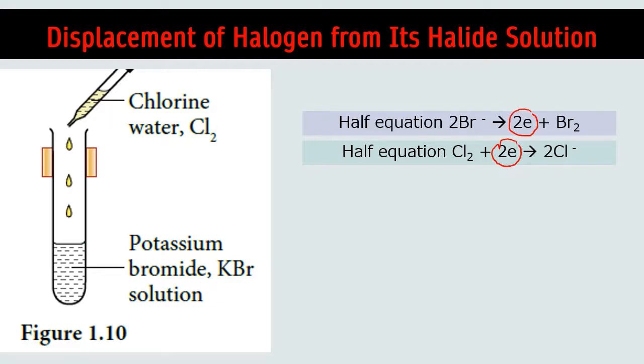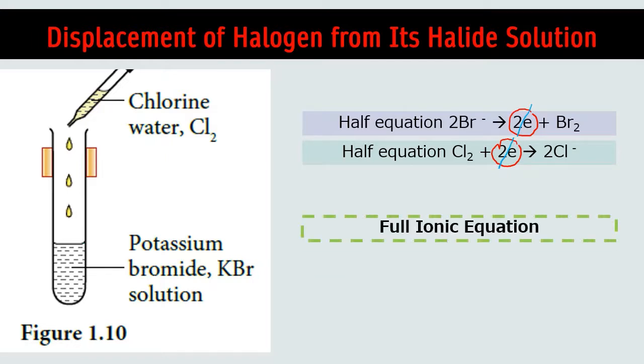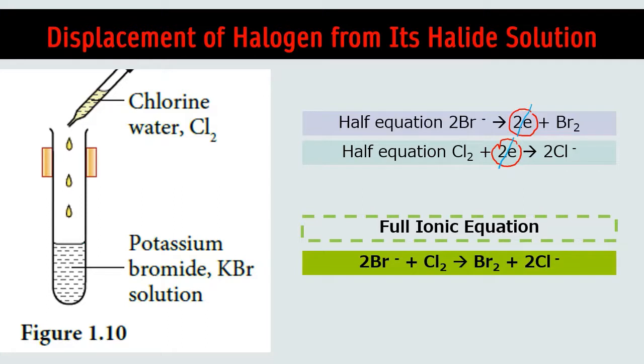Therefore, we can cancel out the electrons and combine both half equations to get the full ionic equation. So the full ionic equation is 2 bromide ions plus 1 chlorine molecule to form 1 bromine molecule and 2 chloride ions.